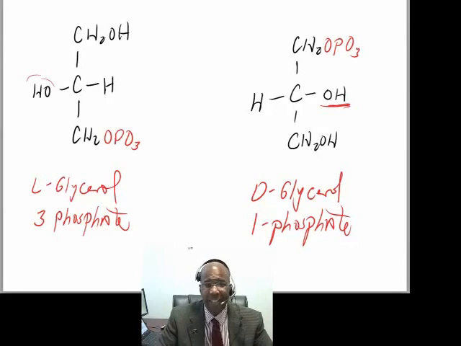Biochemists had to come up with a way to give glycerol some directionality. Which way is right? Because they're equivalent, scientists had to come up with a whole new numbering scheme for naming glycerol and its derivatives.